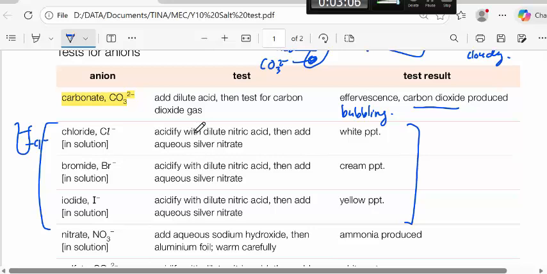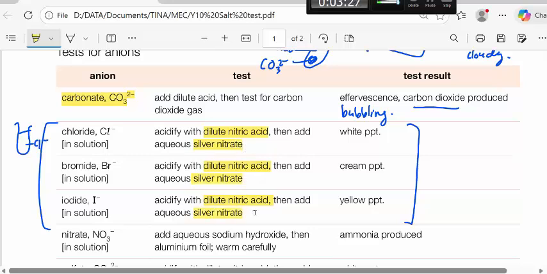The first thing you add is always nitric acid. The reason you add nitric acid is to make sure it's not a carbonate. Then you add silver nitrate.